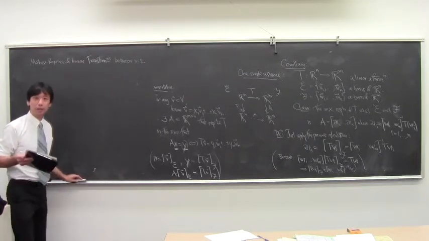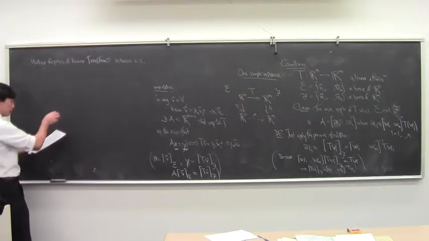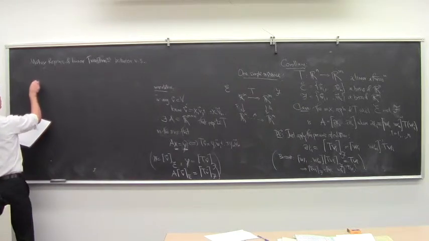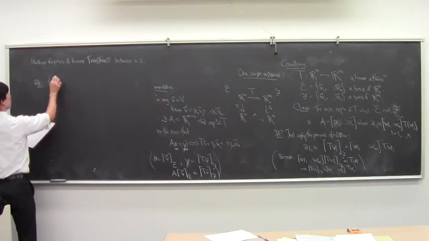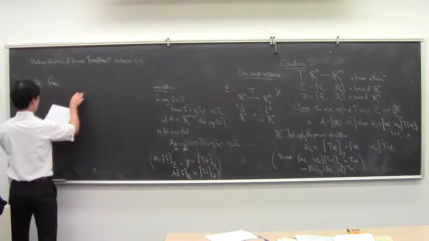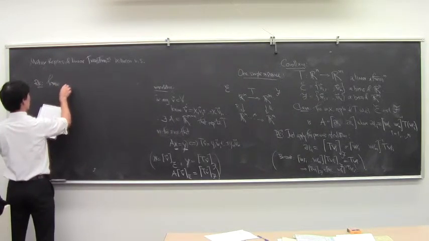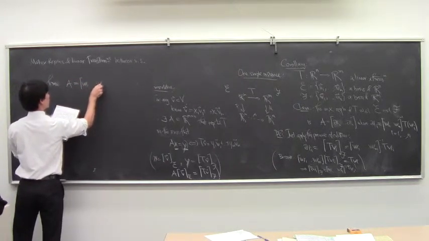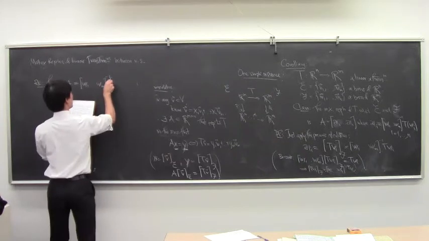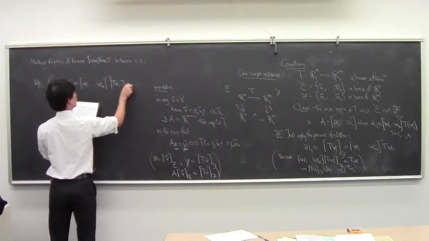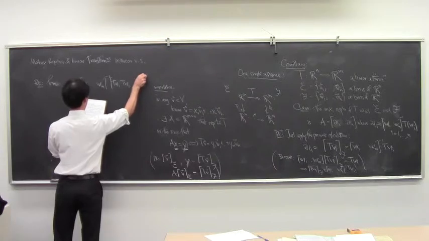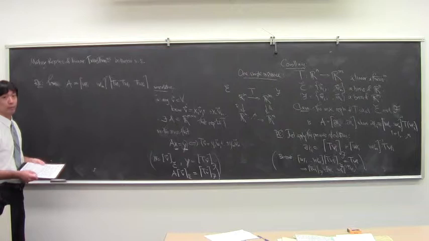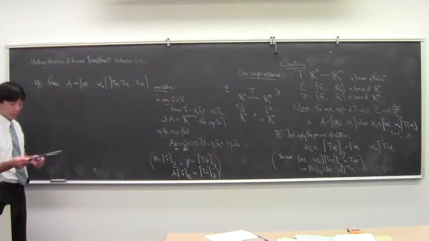But it's handy in the sense that what you see then is that, thus, A could be expressed like this: [w1 ... wm] inverse times [Tv1 Tv2 ... Tvn]. So it gives you a nice way of calculating.